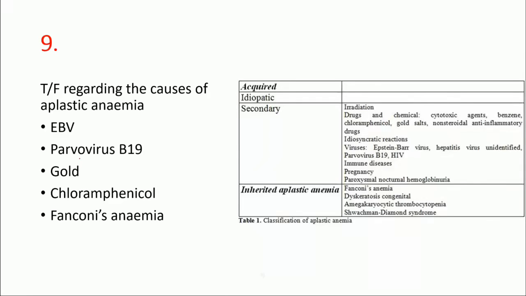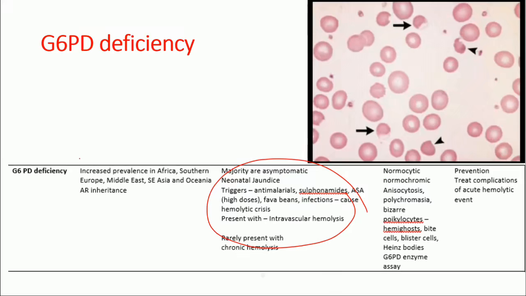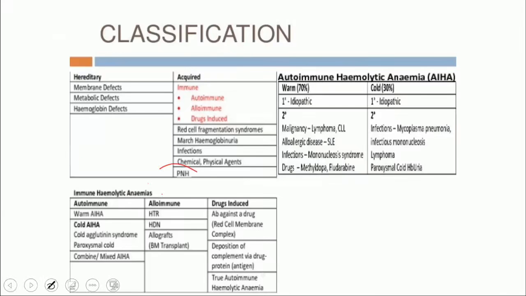Most of your hemolytic anemias are extravascular, but things like PNH are intravascular. All these red cell fragmentation syndromes are intravascular. Most of the others are actually extravascular.